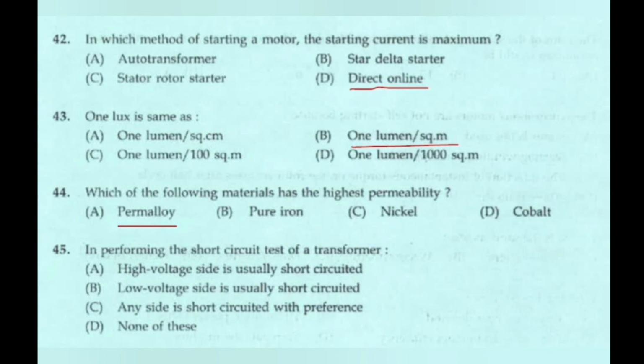Question number 45. In performing the short circuit test of a transformer, answer is option B, low voltage side is usually short circuited.